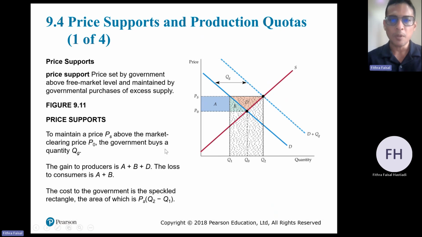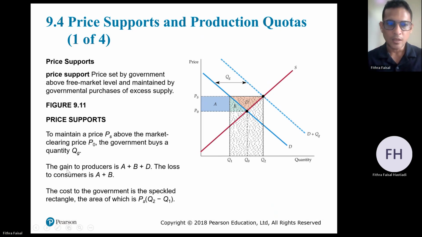But now the government is also trying to absorb that overshooting in production. So the demand here coming from the government, so D shifts to D dash over here, D plus Q government. So the government buys a quantity of QG, absorbed by the government.